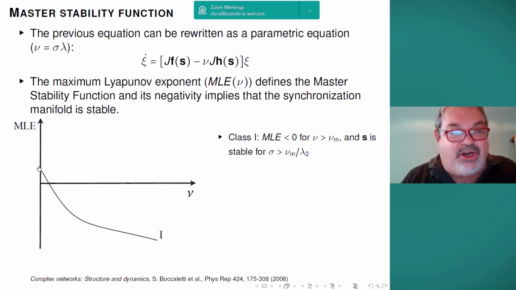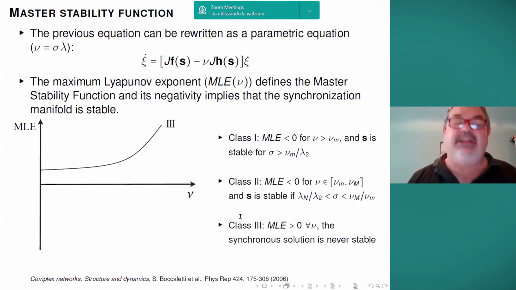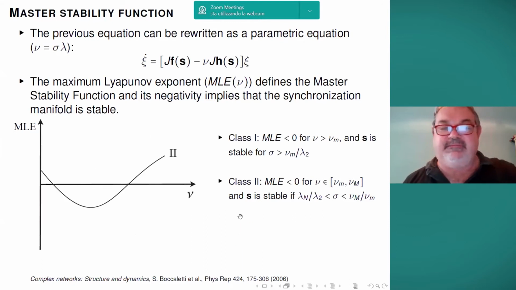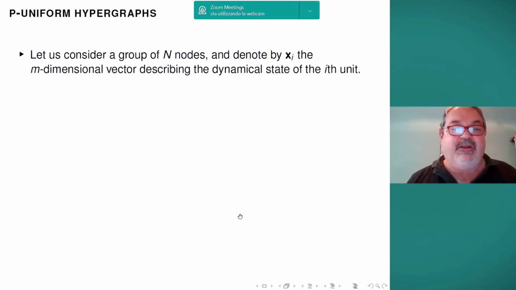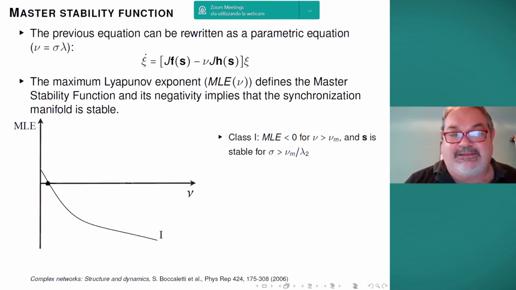So my curve will start from a positive value. And then I can have a curve which is either monotonically decreasing, which is called class 1, or monotonically increasing, class 3, or V-shaped. In one case, I have only one intersection here with the nu axis. So it means that I can always synchronize here because it's sufficient. Lambda 1 is 0.